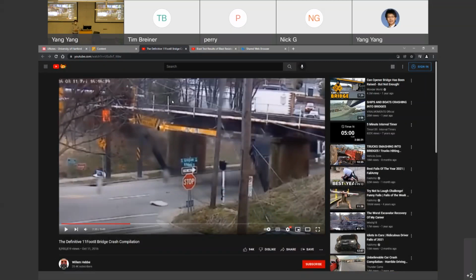But for a typical bridge, if you have a required clearance for a straight road, I believe the possibility that you would have a vehicular impact on the bridge will be very low, but when you do design, you still want to consider it. And that's definitely a dynamic load.